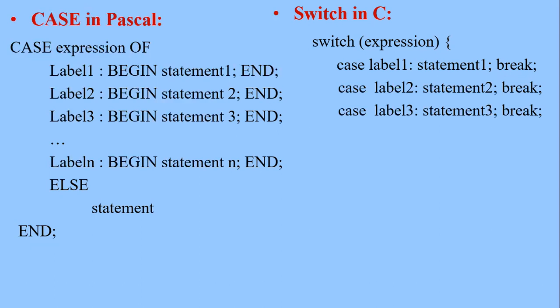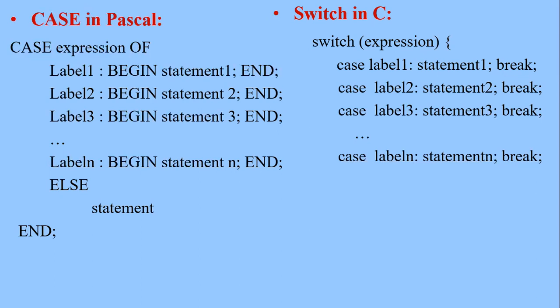If the condition evaluates to 3, we move to case label 3, execute statement 3, and we break. And that continues up to the last condition to be tested.